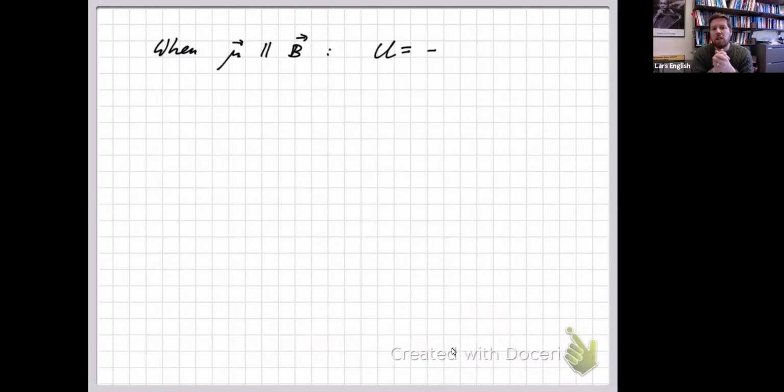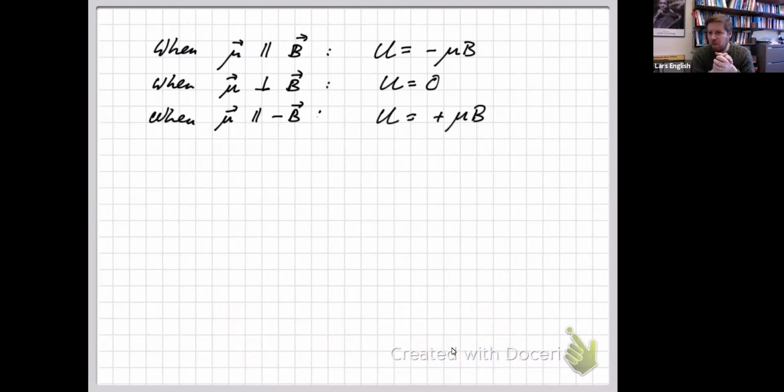Let's take a look at an actual situation. When mu is aligned with B, parallel to B, we just get minus mu times B times the cosine of 0 degrees, which is 1. When mu is perpendicular to B, the dot product is 0 and the potential energy U is 0.